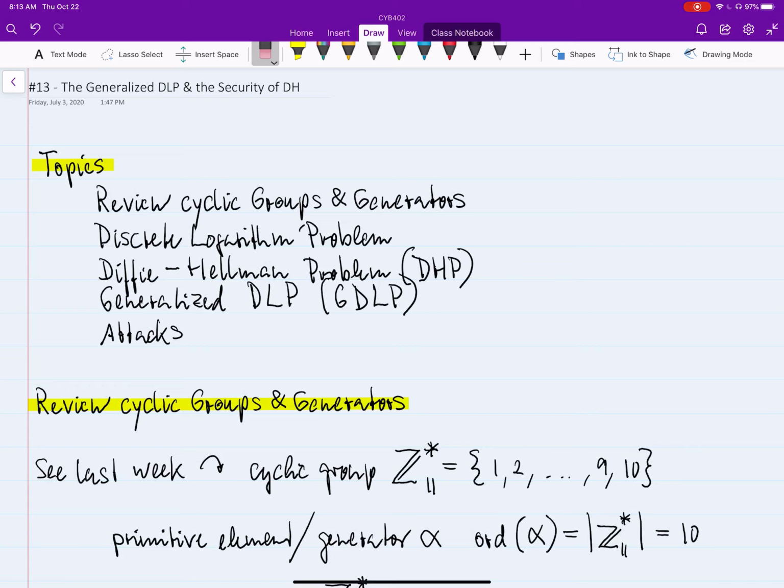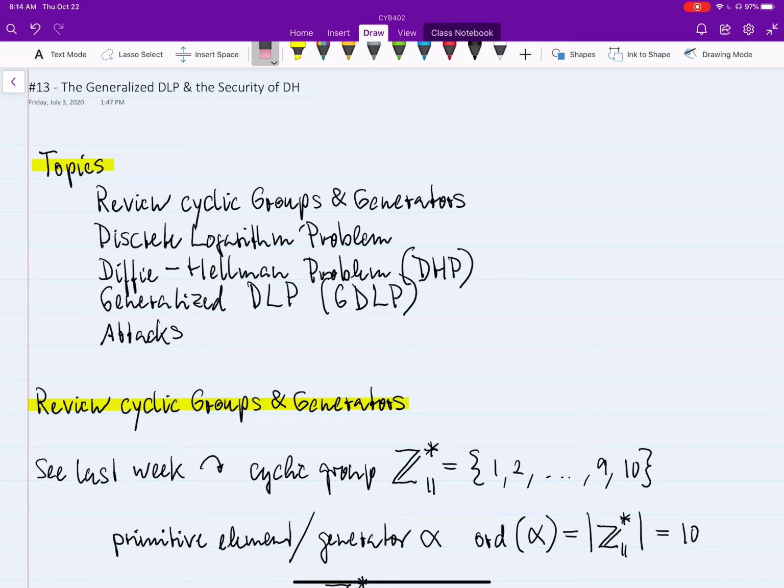So we are quickly reviewing cyclic groups and generators, and then we look into the discrete logarithm problem. We are defining it. And then we look into the Diffie-Hellman problem, and we ask the question whether the two things are the same. And finally, we generalize that idea of the discrete logarithm problem so that we can potentially develop other crypto systems.